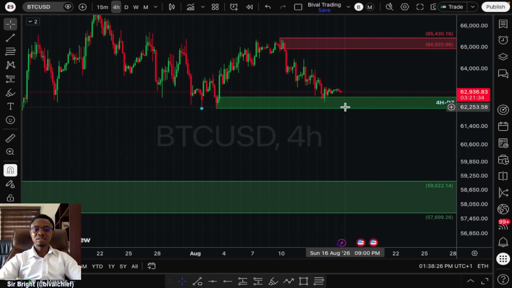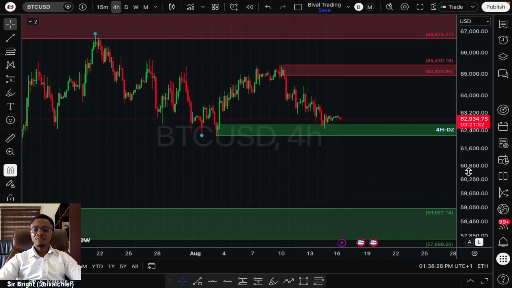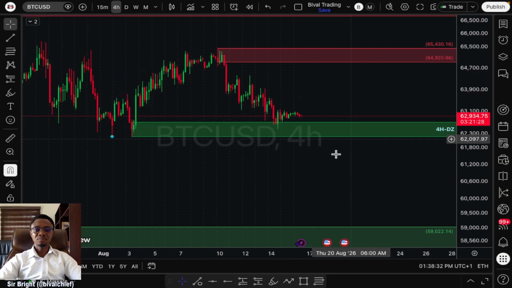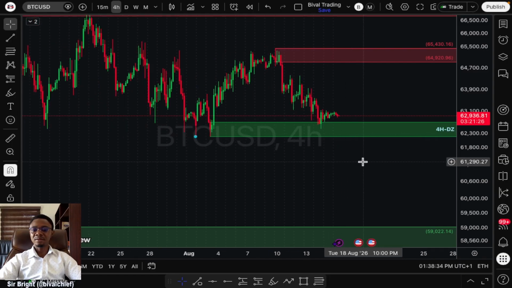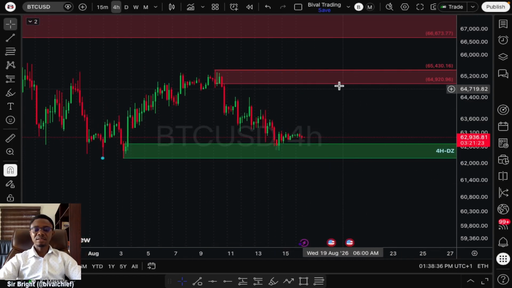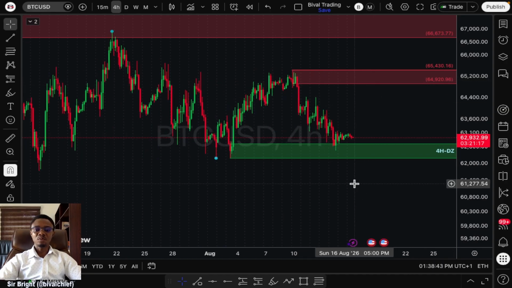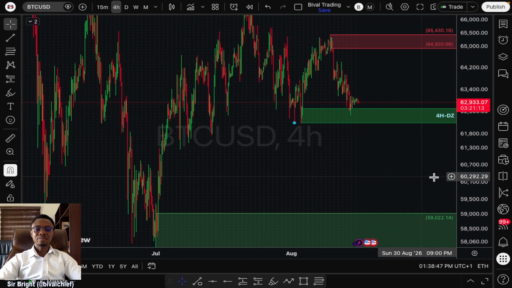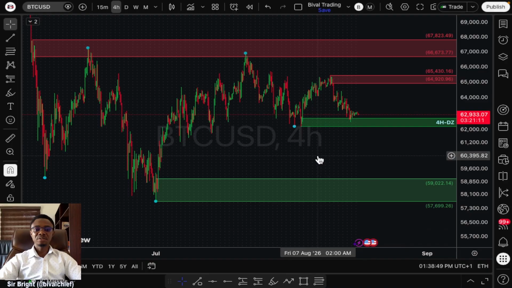If I'm taking any entry at this level, I'll be very cautious, with minimal risk, targeting that supply at the 64K level. Then as price returns there, I'll look for a short targeting this demand. So that is my trading idea on BTCUSD.